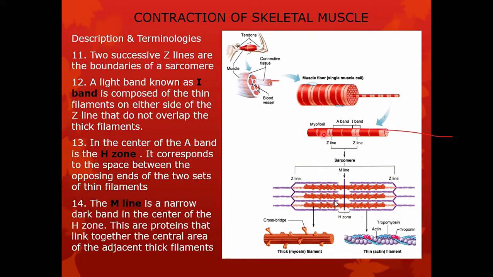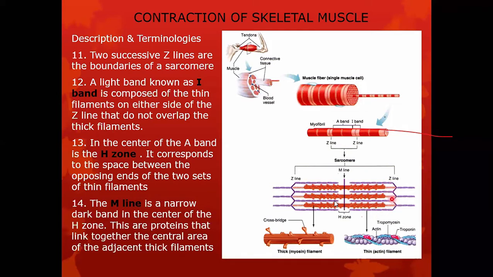A light band, this one, will form the I band. It is composed of the thin filaments on either side of the Z line. The thin filament, before it reaches the Z line, will form your I band.